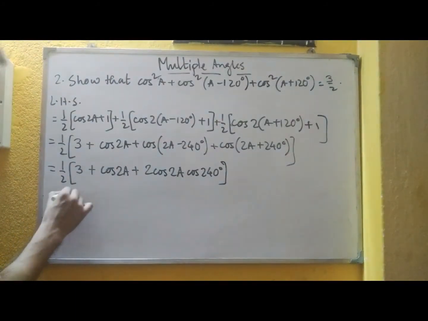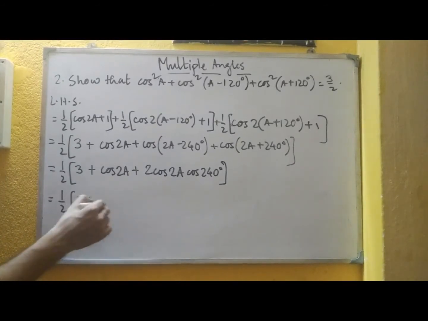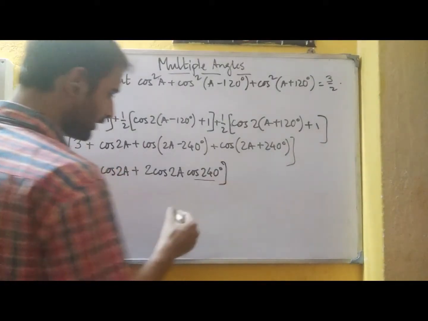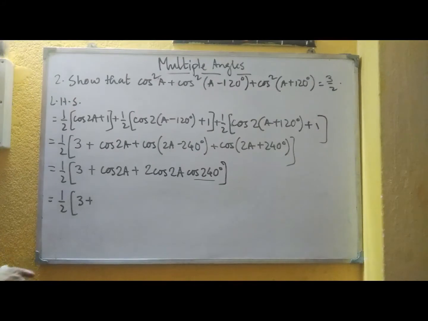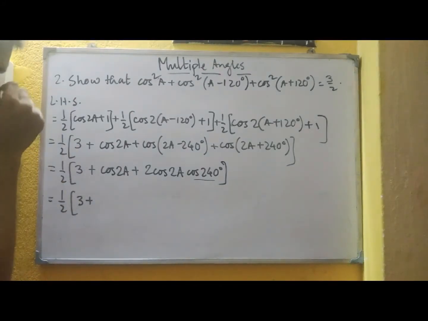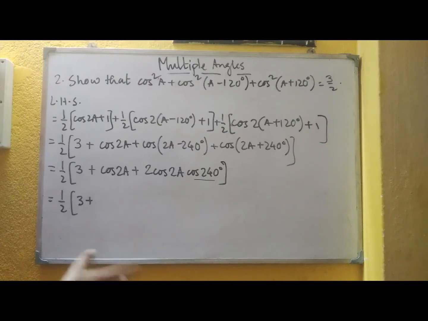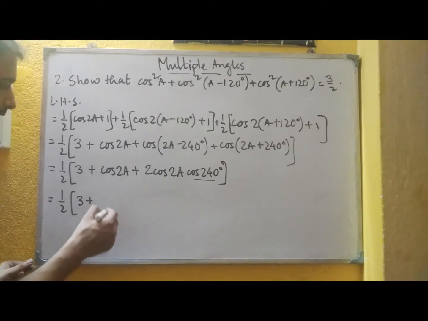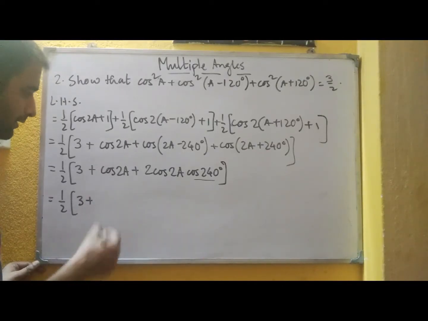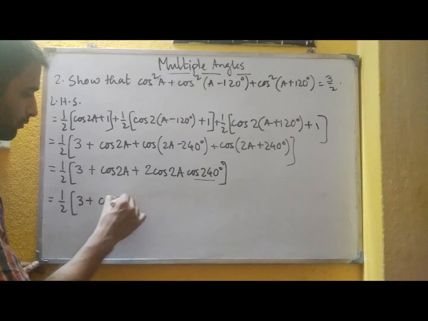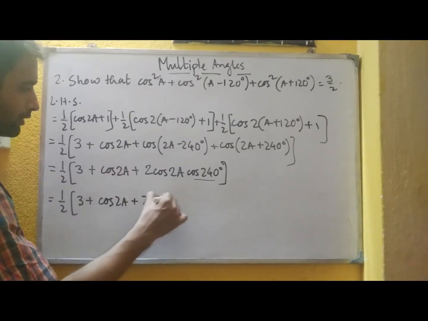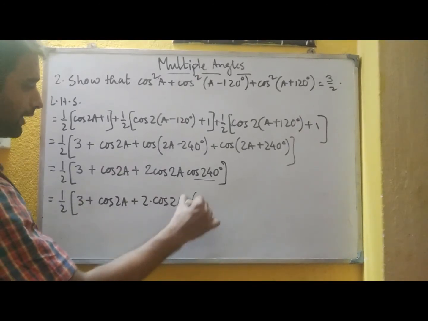And then we can realize that cos 240 degree is minus half because it is in the third quadrant, and we can write it as 180 plus 60. So this will be minus cos 60 degree, and that's why it is minus half. So we can write it as cos 2a plus 2 into cos 2a into minus half.